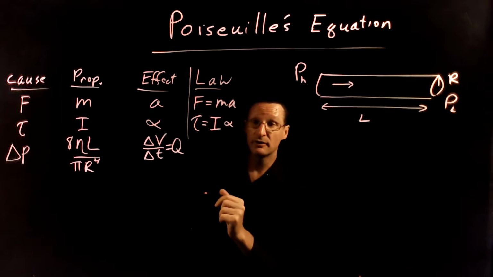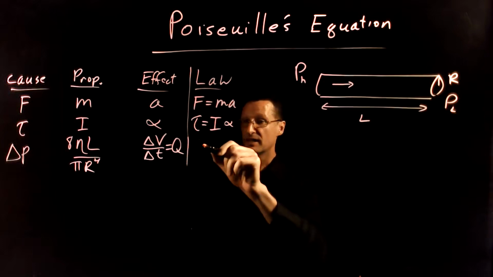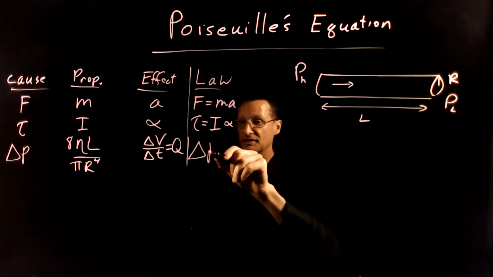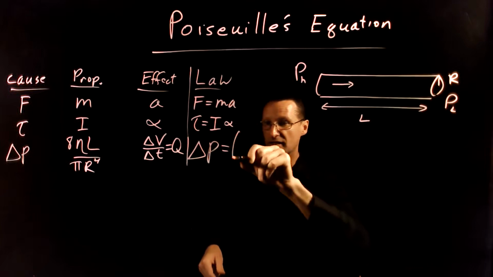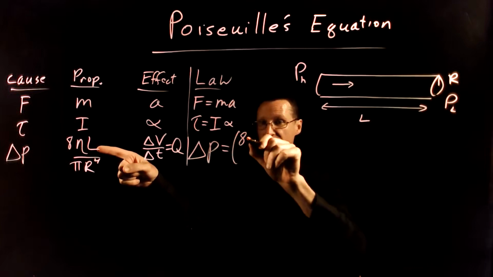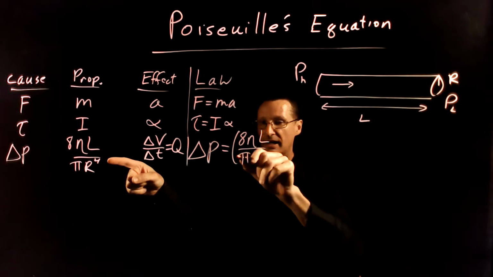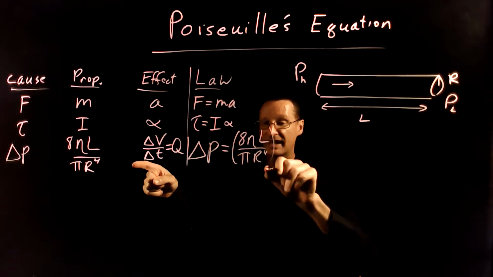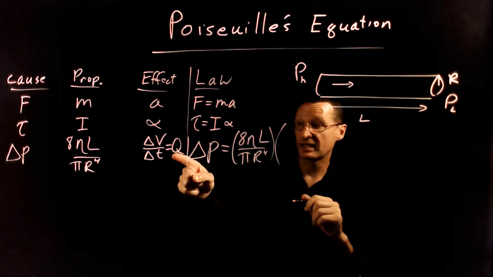And it, of course, follows the same paradigm. Otherwise, why would I have brought it up? That is, the pressure difference is a product of the resistance, which I'm going to call 8 eta L over pi r to the 4th, times the effect, which is the flow rate term here.